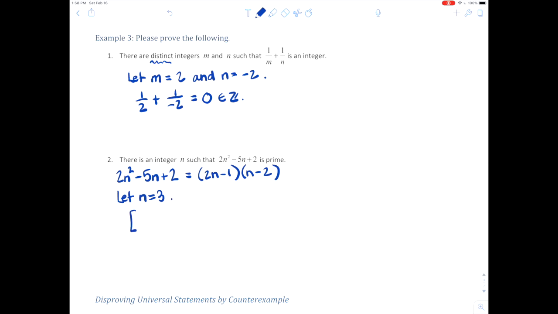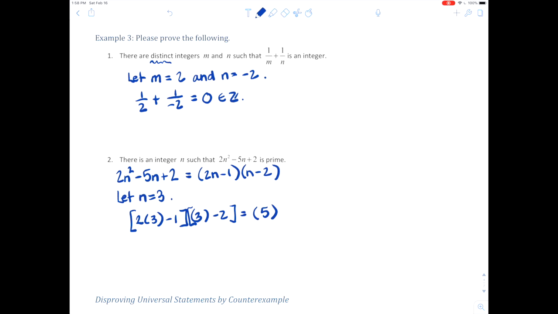We would get 2 times 3 minus 1 times 3 minus 2. That is equal to 2 times 3 is 6, and 6 minus 1 is 5, and that can't be written as a further product, right? Except for 5 times 1.